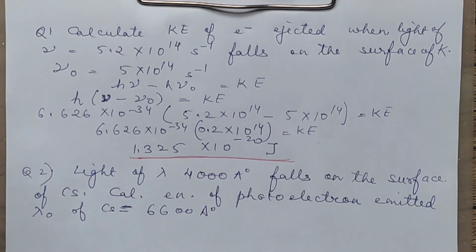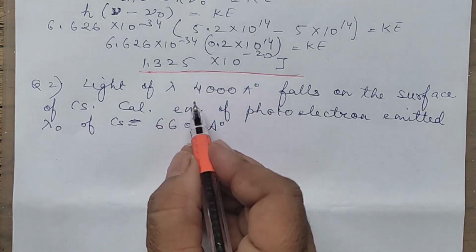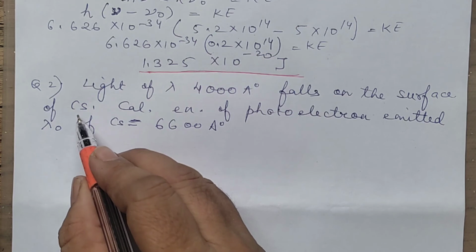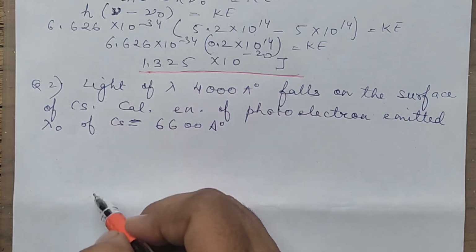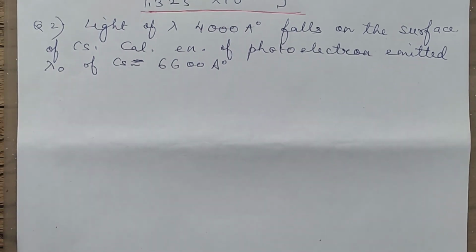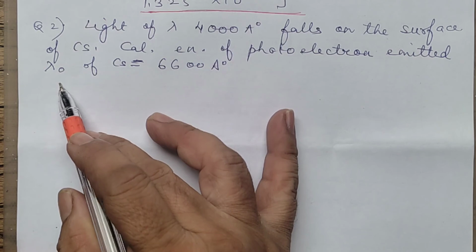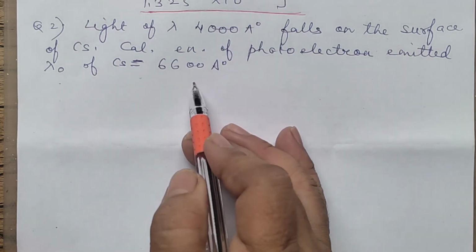Okay, let's move on to the next question. The wavelength of the light falling on the surface of cesium is given. Wavelength instead of frequency is given now, and they ask to calculate the energy of the photoelectron when the critical or threshold wavelength for cesium is given.